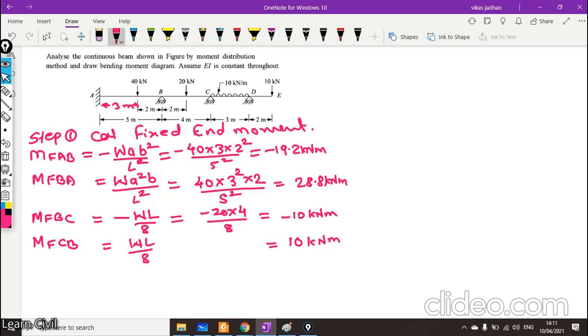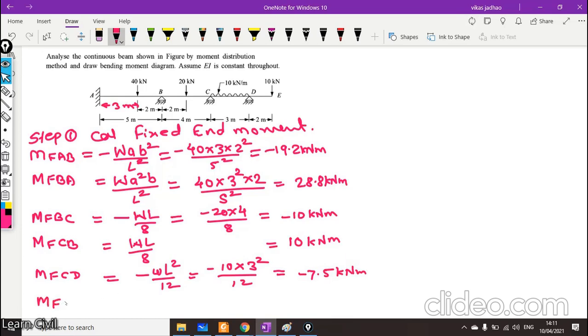Now for span CD, MFCD is equal to minus WL square upon 12. So this is equal to minus 10 into 3 square divided by 12, so this will be equal to minus 7.5 kilonewton meter.